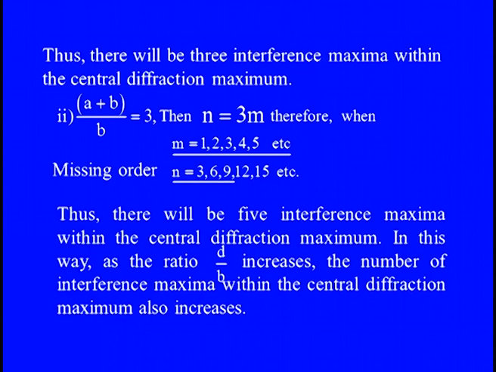Thus, in this case there will be 5 interference maxima within the central diffraction maximum. In this way, as the ratio d by b increases, the number of interference maxima within the central diffraction maximum also increases.